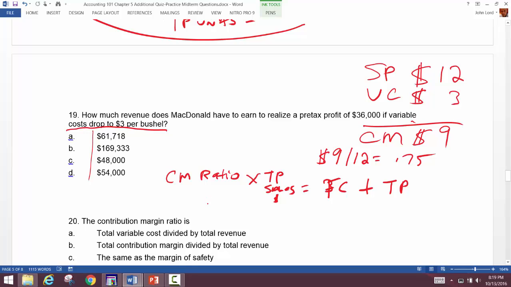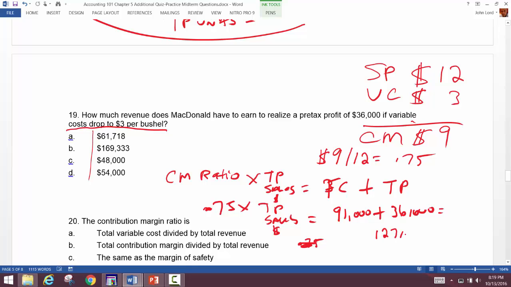But my contribution margin ratio is what? 0.75 times my target profit sales, which I don't know yet, in dollars, got to equal my fixed cost. Was it 91,000 in this problem, so I don't have to scroll back up? Plus what? 36,000? That means, what's the total of this? Okay, good. So you say 127,000? Okay, good.